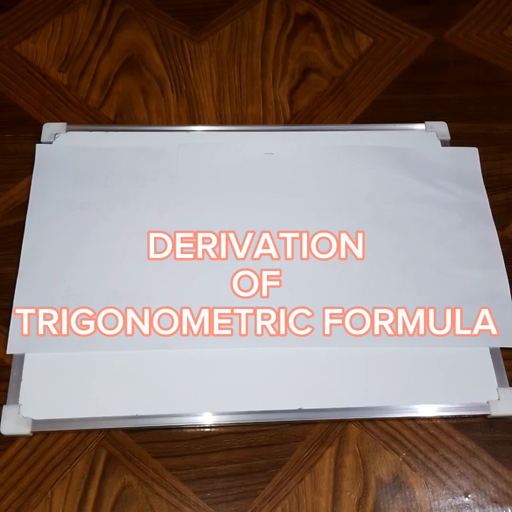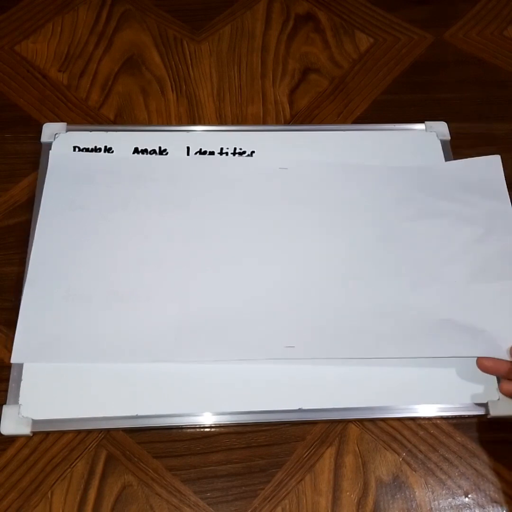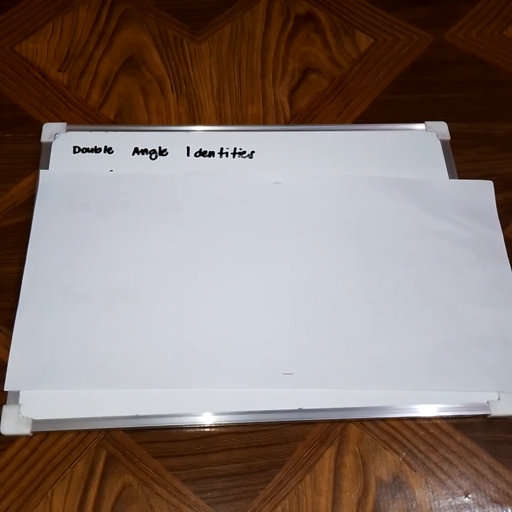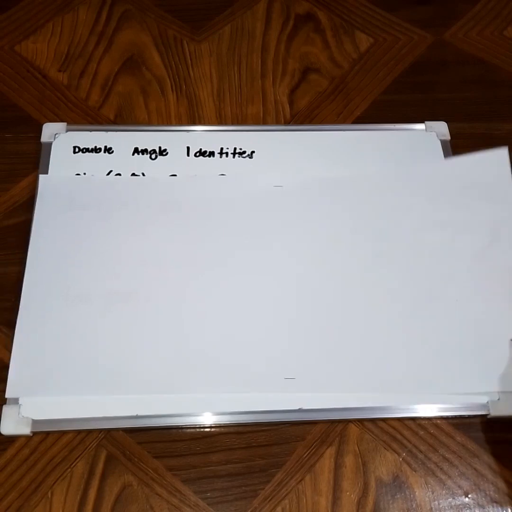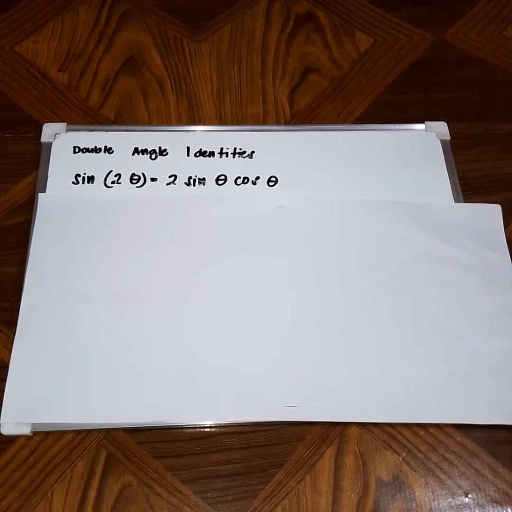Ang idi-discuss naman natin will be about double angle identities. Actually, medyo more related ito, guys, pagdating doon sa sum of angle identity. So, ano ba yung mga double angle identities natin? Sin 2 theta is equal to 2 sin theta cosine theta.